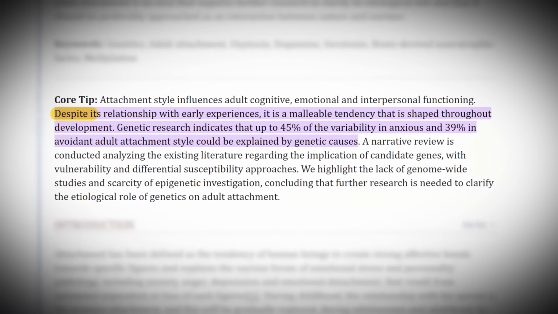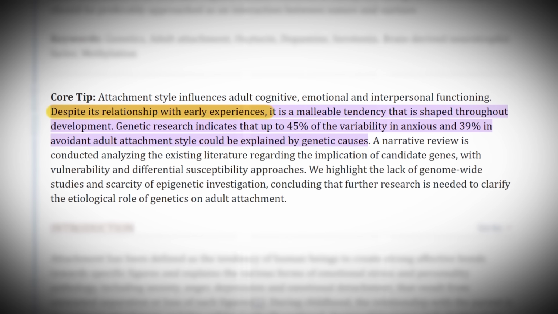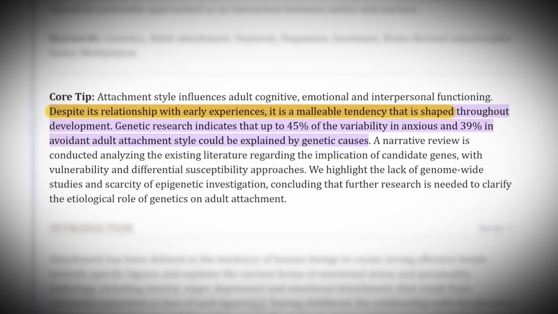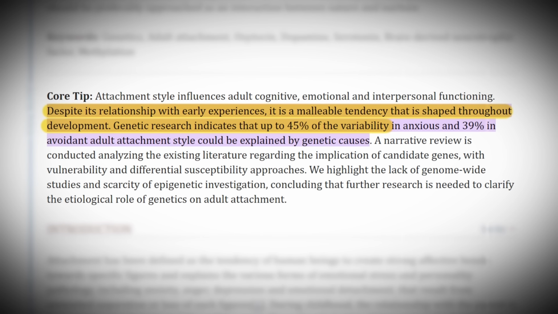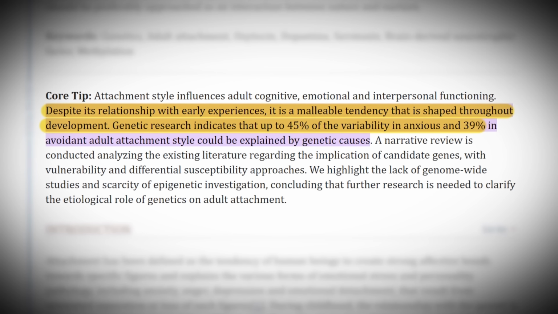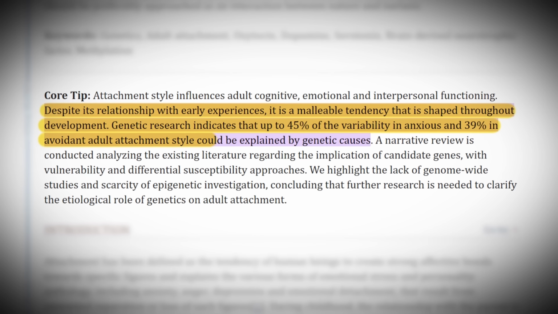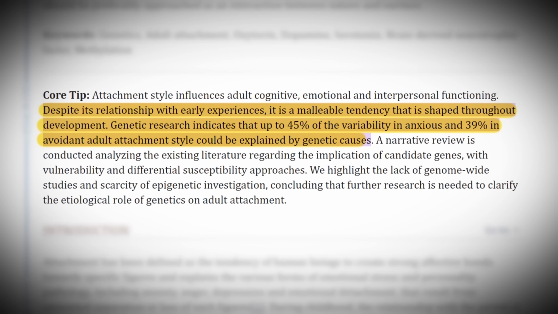But I also ended up stumbling upon some really interesting statements made about attachment theory and genetics. Check this out. Despite its relationship with early experiences, it is a malleable tendency that is shaped throughout development. Genetic research indicates that up to 45% of the variability in anxious and 39% in avoidant adult attachment style could be explained by genetic causes.